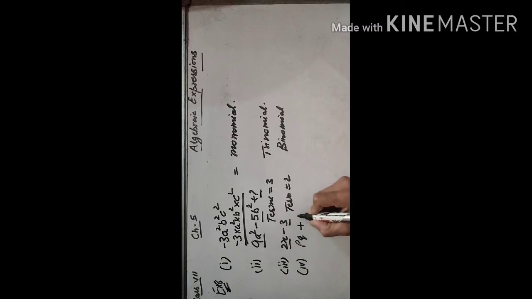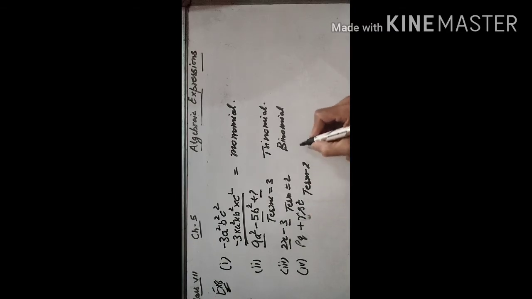PQ plus RST, terms 2, binomial. Fourth part is minus 5 plus AB plus BC plus CA. 1, 2, 3, 4.